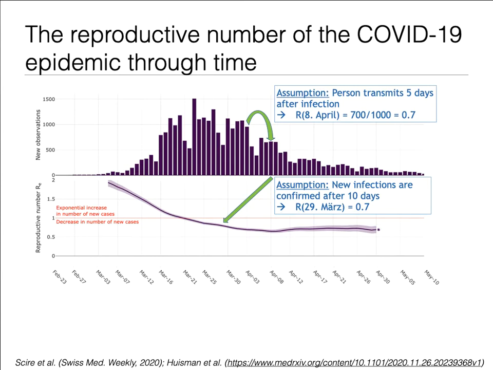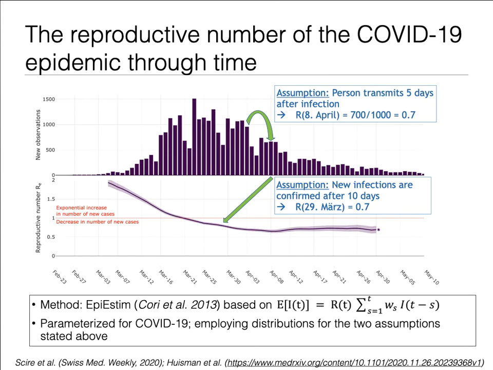And due to all those uncertainties, we then also get uncertainties with the reproductive number, here being the shaded region through time. Our core calculations are based on an R package, EpiEstim, by Cori et al., where we then put around all those uncertainties which we know for COVID-19 to in fact obtain reproductive numbers, taking those uncertainties into account.